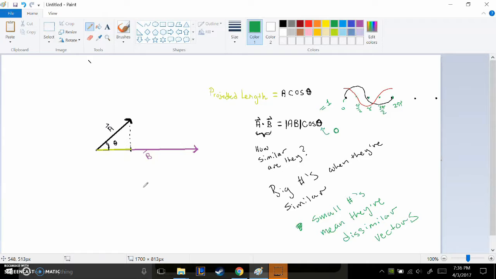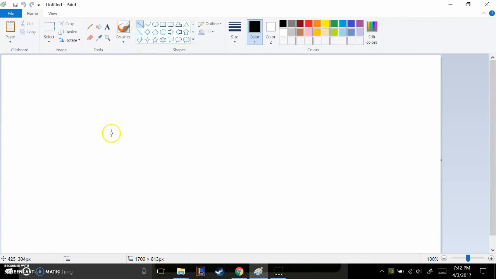And just to be extra thorough, when we take the value of two vectors A dot B and we compare how similar they are, this operation gives us a scalar back that lets us know how similar it was or how different it was.